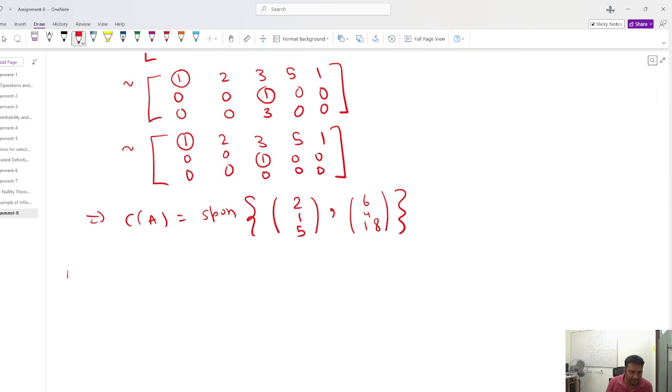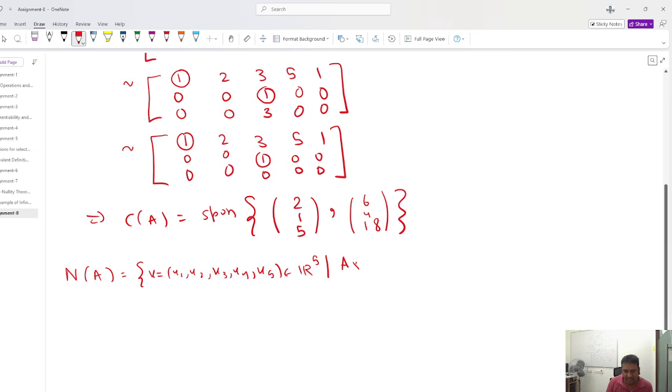What is the null space, guys? It is all x equal to x1, x2, x3, x4, x5 in R5 such that AX equals 0. So I have to solve the same augmented matrix, which, if you write it properly, gives x3 equals 0.